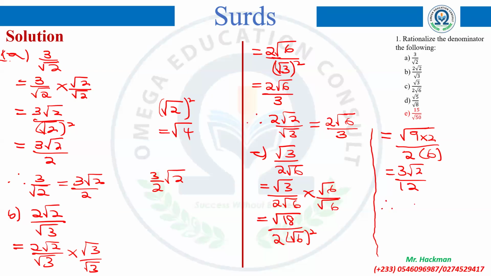Therefore, root of 3 over 2 root of 6 will be equal to, now my numerator will go to 1 and 12 will go to 12. So I'm going to get 1 over 12, root of 2, or someone can write root of 2 over 12, it is the same thing. Is that clear?